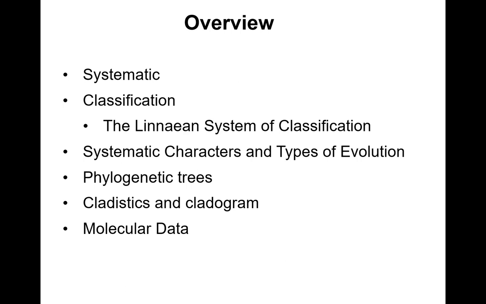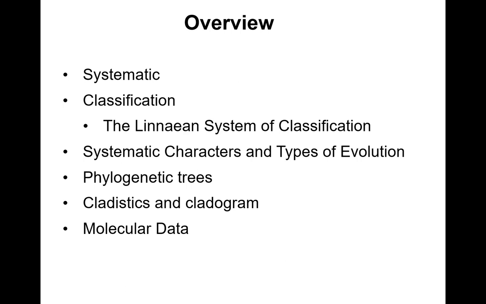So you'll see that the evolutionary relationship between organisms depends on similarities and differences, ultimately on characters, on phenotypes that organisms present. We'll see what type of phenotypes or characters are studied and how they relate to the type of evolution of different organisms, and what the problems are when you use them as well.